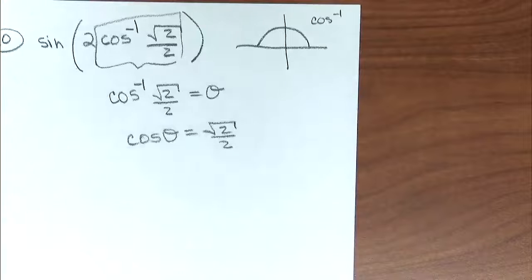So all I want to know is what this inverse is equal to. I'll drag the 2 in there in a minute. So now I wrote that it's equal to some unknown angle. I switched these two because that's how you go from inverse to non-inverse, if you remember this. Now tell me, what angle does this have to be for you to get a cosine value of square root of 2 over 2? 45 degrees. You guys are getting good.